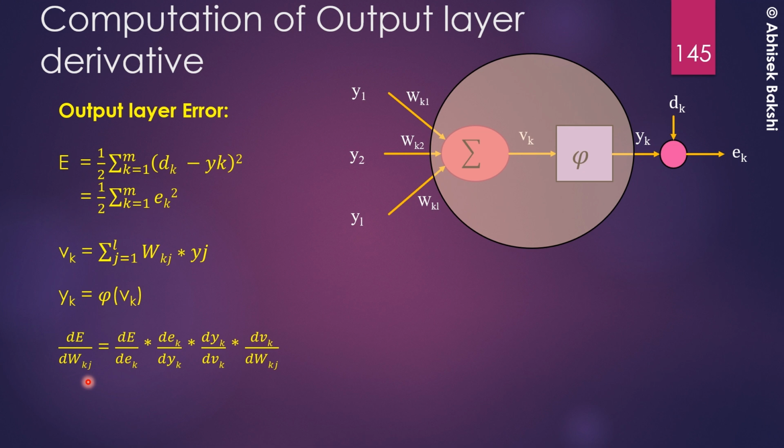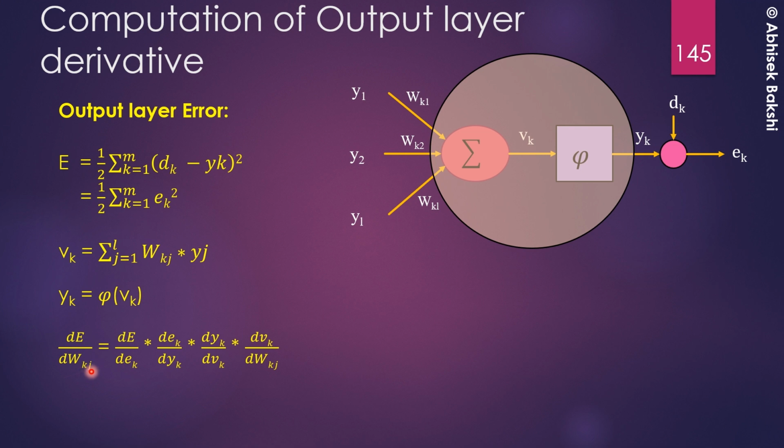So you can assume that for dwkj, if k and j are both 1, that means the first neuron of the hidden layer, connected with the first neuron of the output layer, has the weight w11.